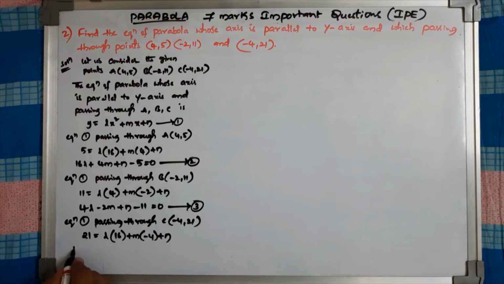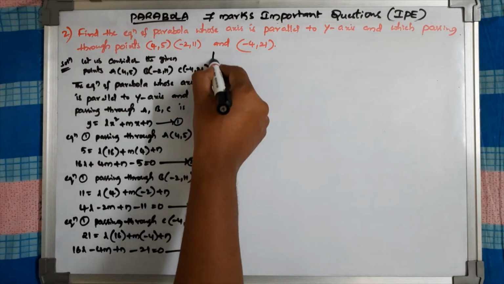So 16L - 4m + n - 21 = 0. You get equation number 4.